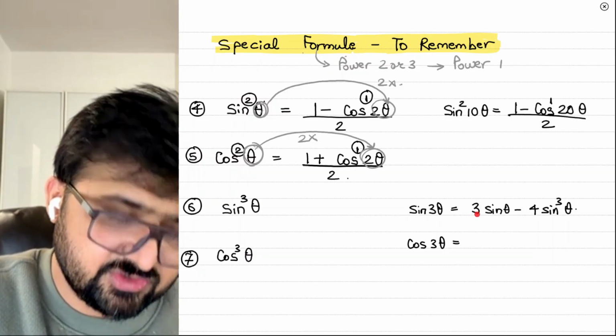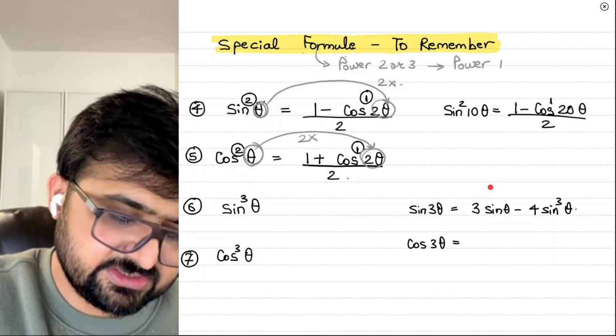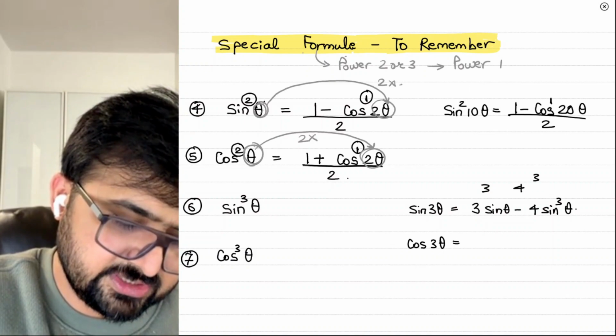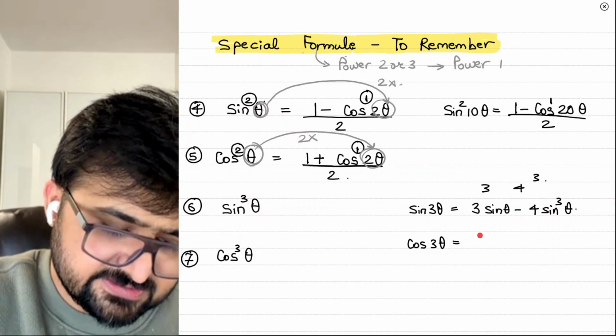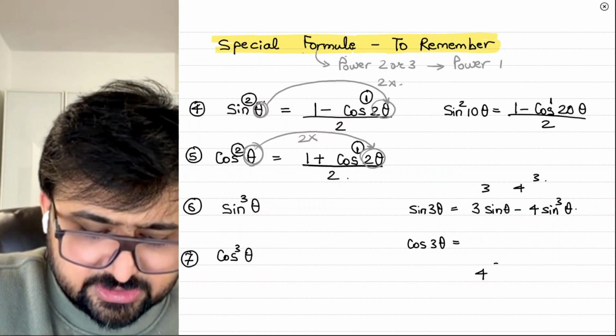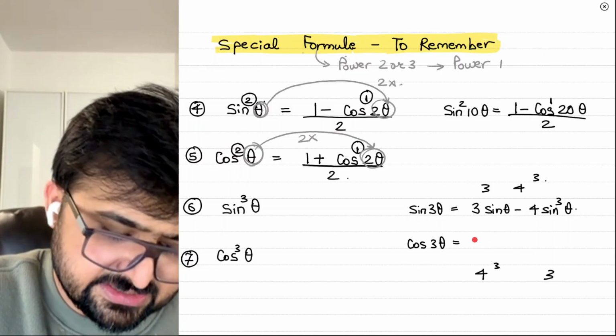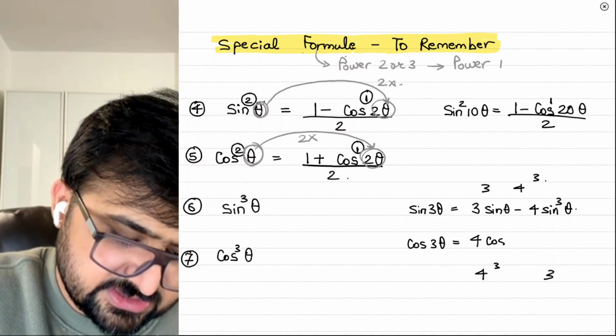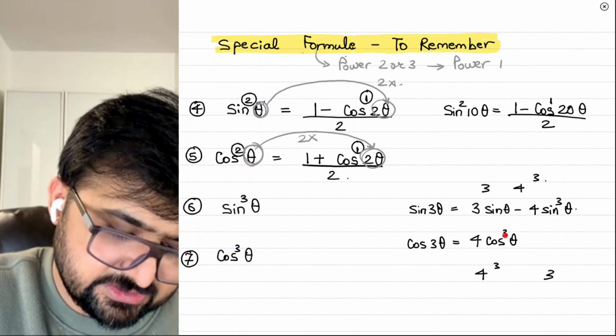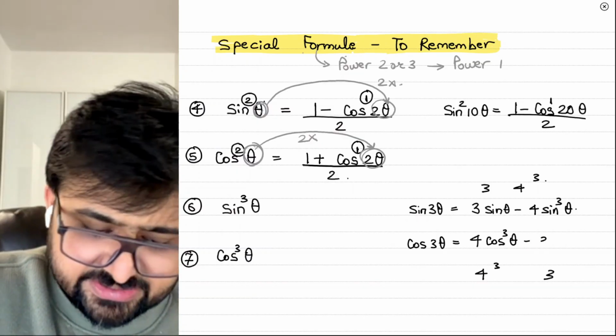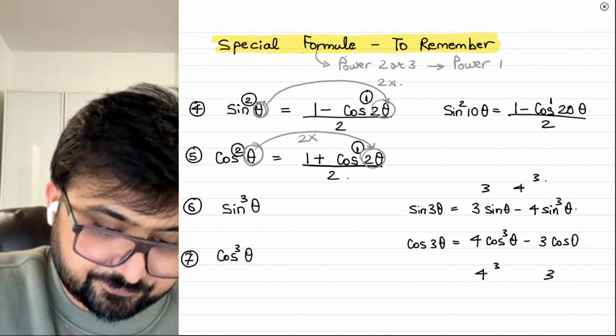I like to remember this formula as 343. And for cos 3 theta, I like to remember the formula as 4 3 3: 4 cos cube theta minus 3 cos theta.